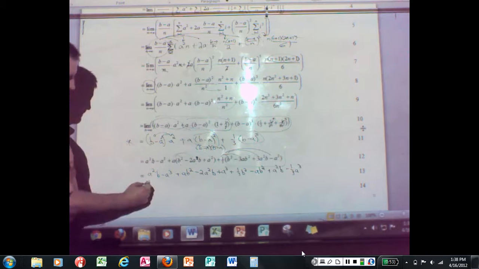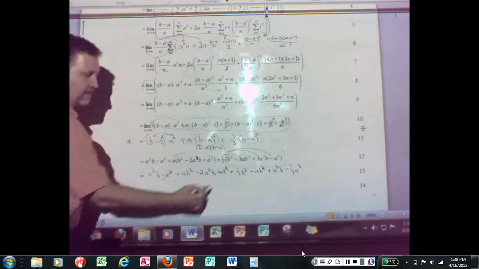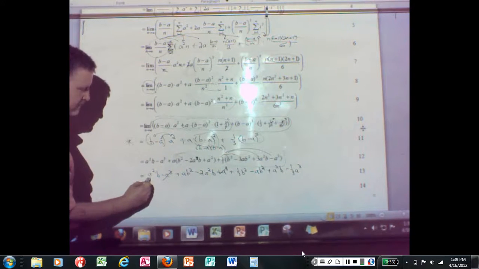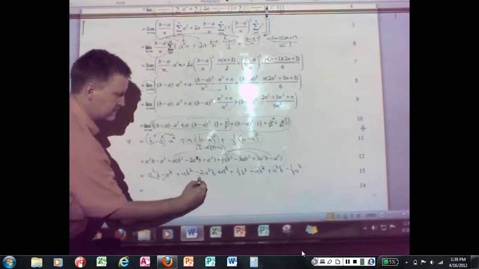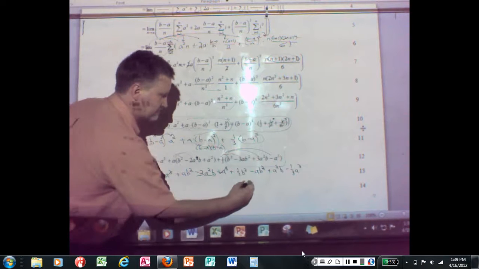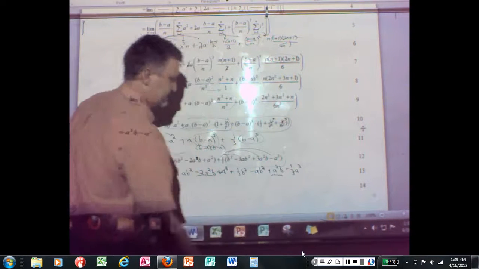So far, so good. We are very close because nice things happen. Collect your like terms. Well, here's one. Got minus a cubed, got plus a cubed. Those are gone. A squared b. Well, here's a minus 2a squared b. And here's a plus a squared b.